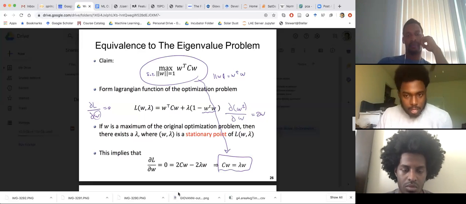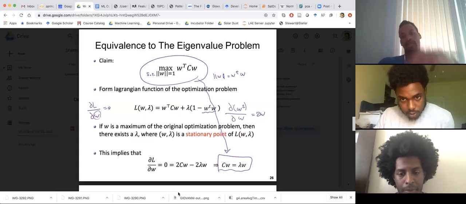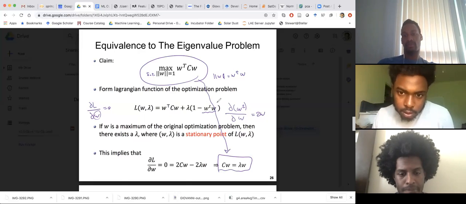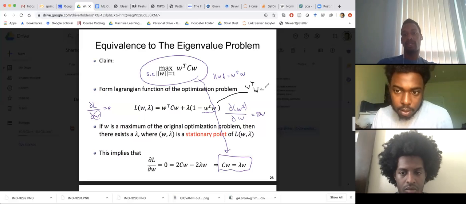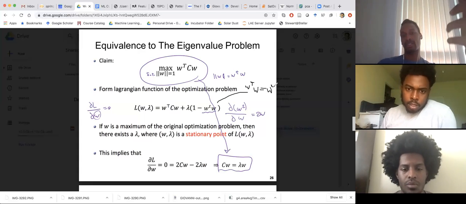Yeah. Okay. So I think it's basically saying there is some lambda, like if this equation has a maximum, there is some lambda where this w and some lambda form a point you can basically graph.